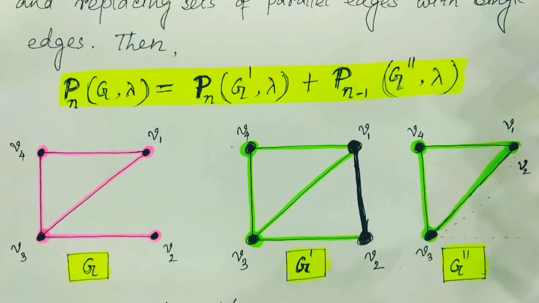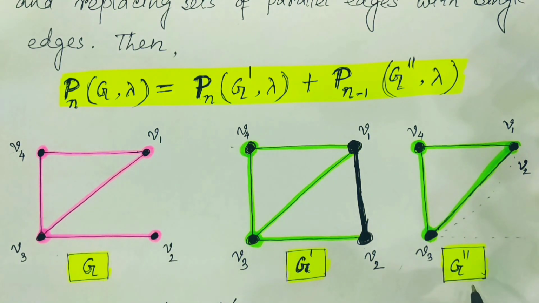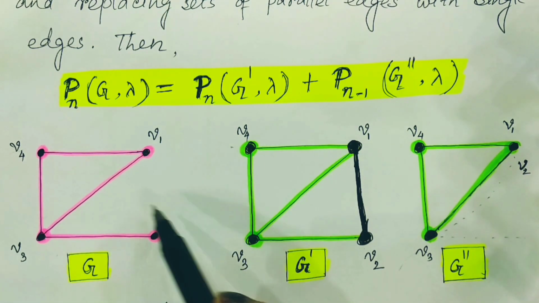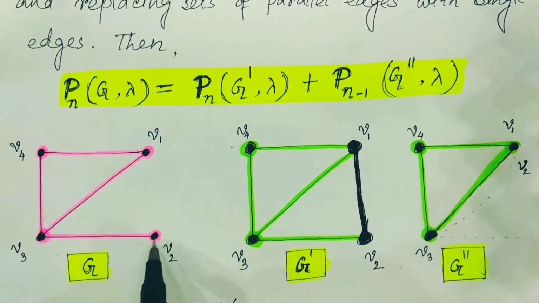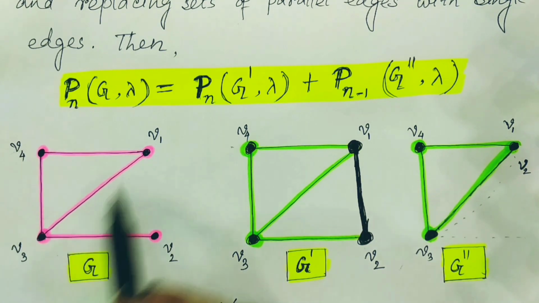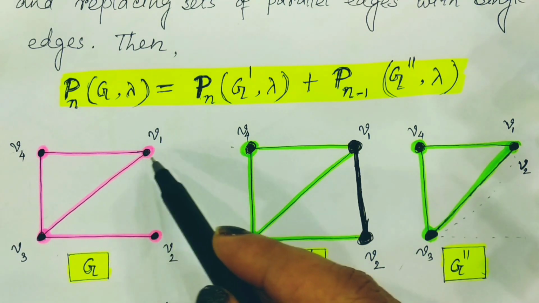Again, G double dash should be created by merging these two vertices, which are non-adjacent. Now we create G double dash by merging V1 and V2. So if we merge V1 and V2, what happens? The edge V3, V2 should be merged with V3, V1, because now V1 and V2 are the same vertex.